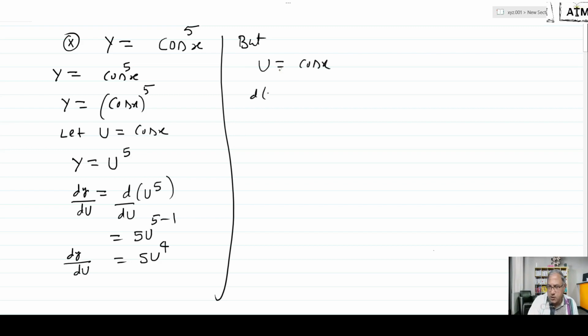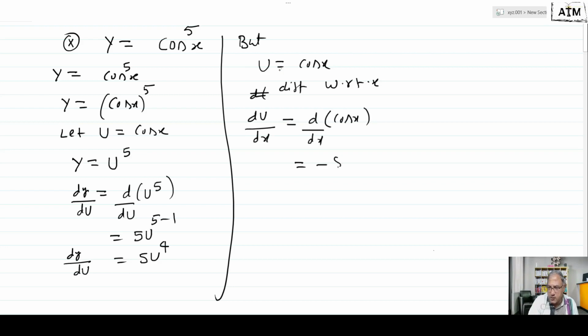So differentiating both sides with respect to x. So we get du by dx equals the differentiation of cos x with respect to x, which equals minus sin x.